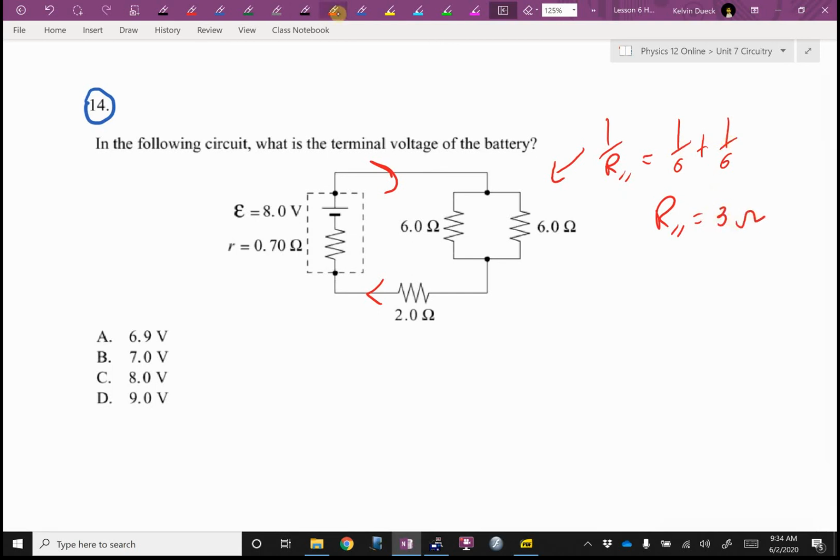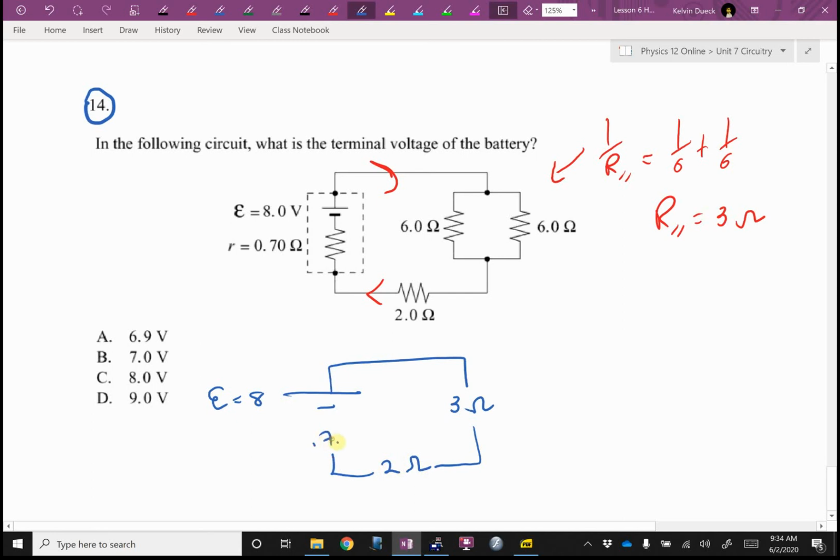So I can redraw this as an 8 volt EMF, a 3 ohm resistor, a 2 ohm resistor, and a 0.7 ohm resistor. So our total is going to be 3 plus 2 plus 0.7. It's going to be 5.7 ohms.